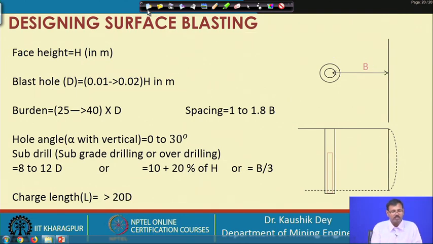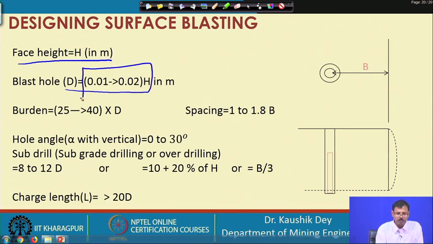So, in this first guideline we are considering the base as the bench height. We have to design our blast from the bench height, and the diameter is a function of bench height, 0.1% to 2%.